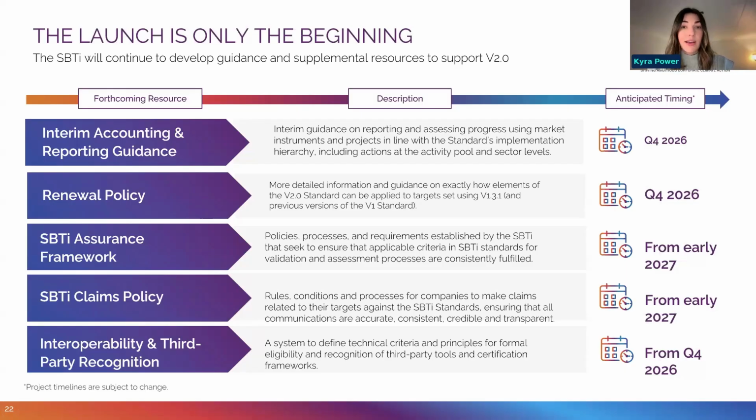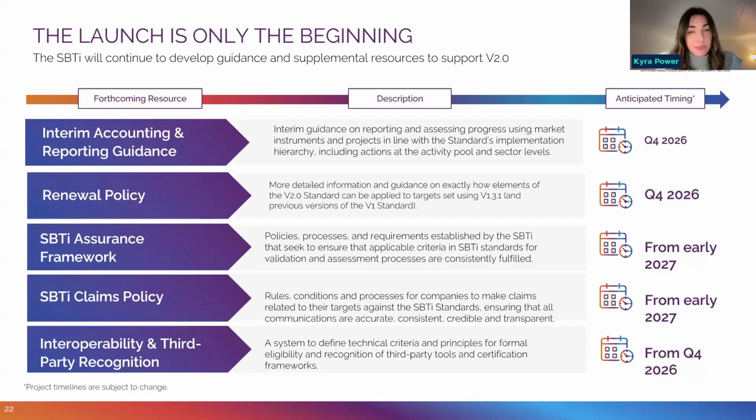For companies that already have validated targets, like I said, some of the innovations within the standard will be available and applicable to leverage. For example, the target implementation hierarchy we just walked through will be open for all companies with validated targets. That will be outlined in the second resource indicated here, the renewal policy.